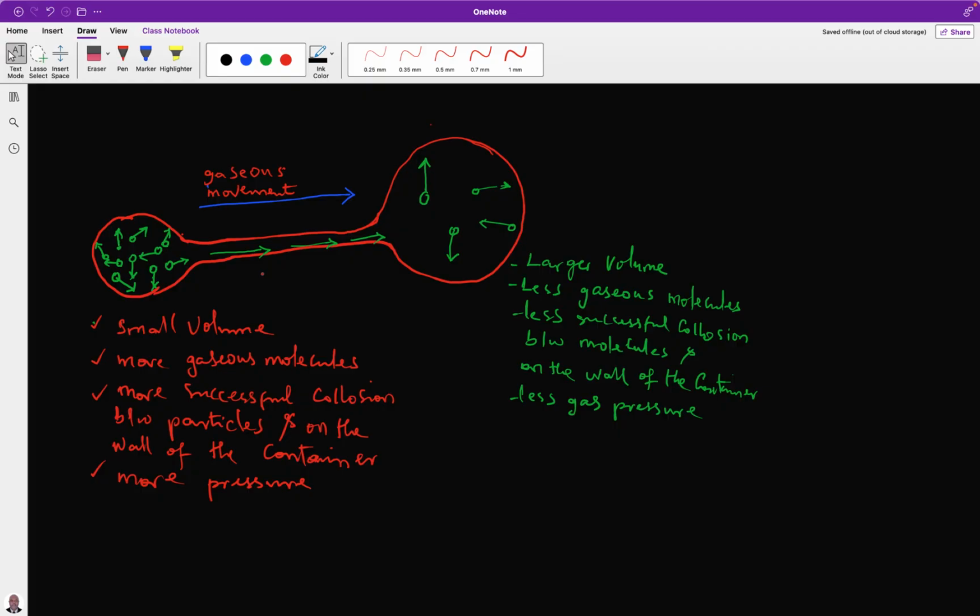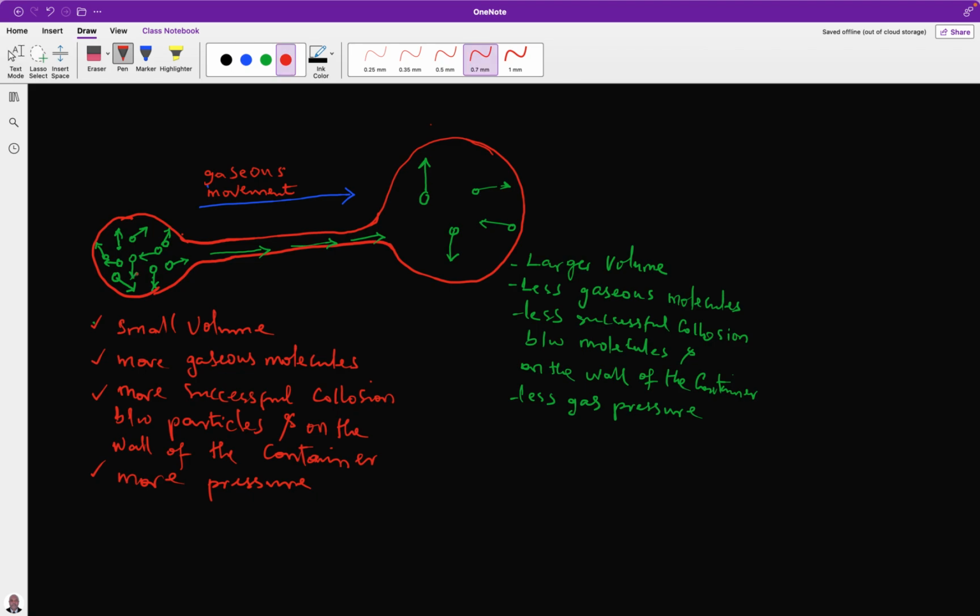The small volume has more gaseous molecules in it, with more frequent collision between the particles and the walls of this vessel. And when there is more frequent collision between the particles and the walls of the vessel, there is more pressure exerted on the walls. So there is high pressure here as a result of more frequent collision.